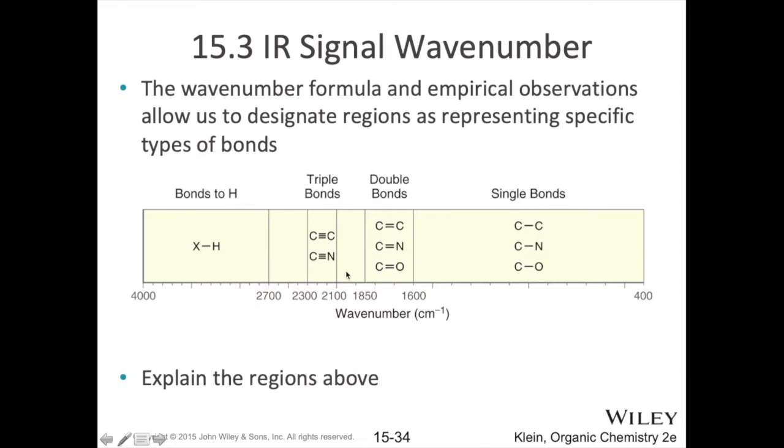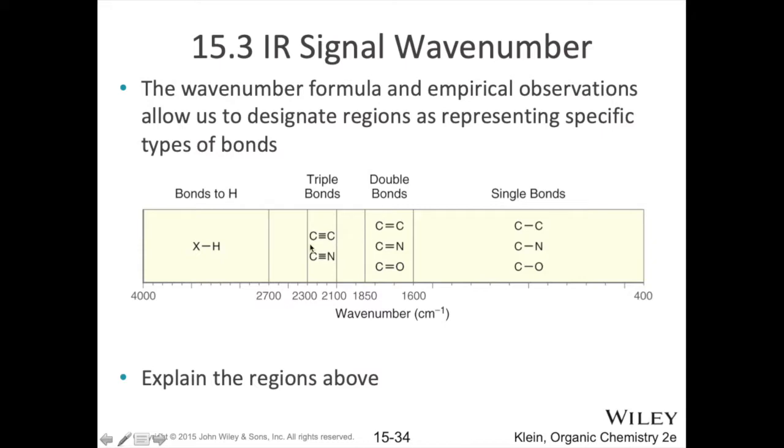In the 2100 to 2300 range, you're looking at triple bonds. In the 1600 to 1850 range, you're looking at double bonds. And below that, you're looking at single bonds that are not connected to a hydrogen. This range tends to be a bit of a mess, and we'll talk about that in a second.